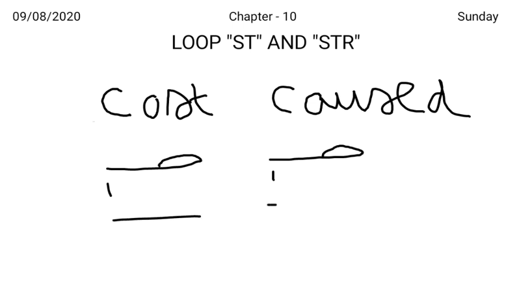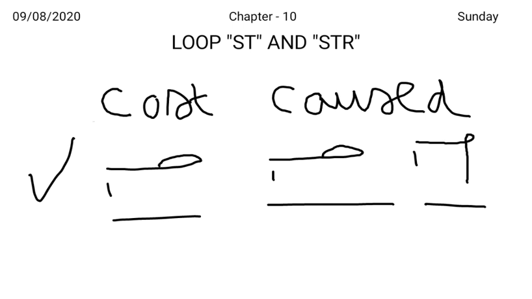Both of them look alike. So if two words have the same consonant structure, then we try to write them in different ways. For cost, we use ST loop. For caused, we write in full so that we can distinguish between cost and caused.